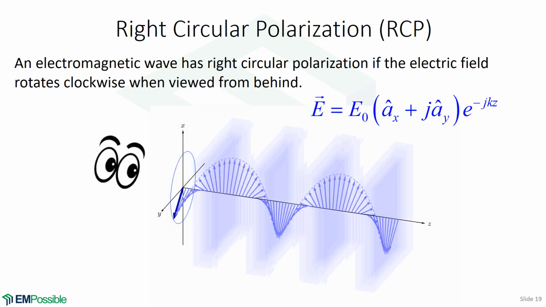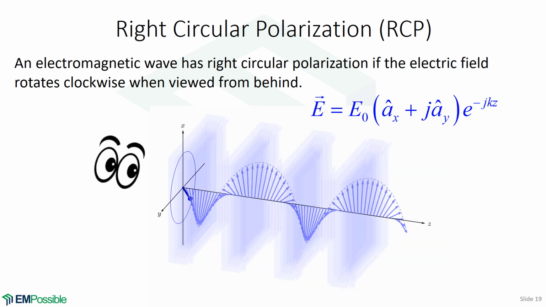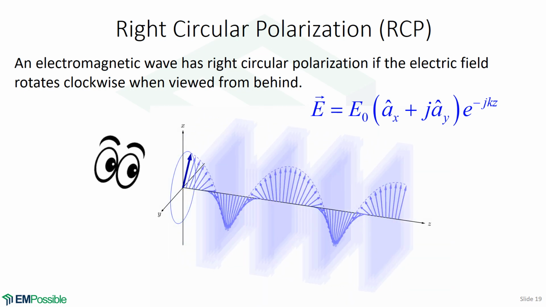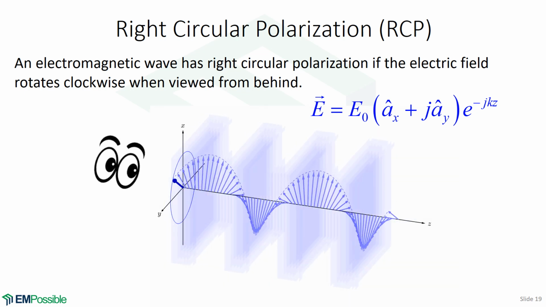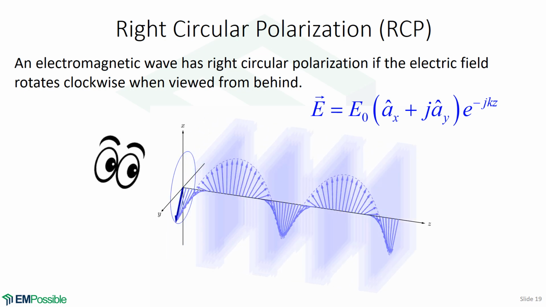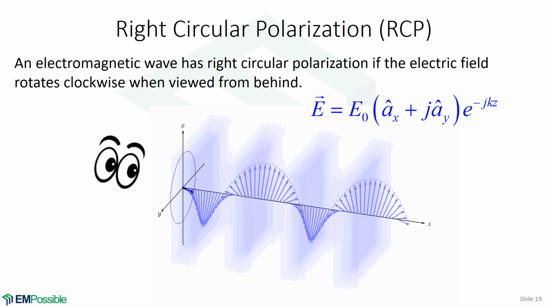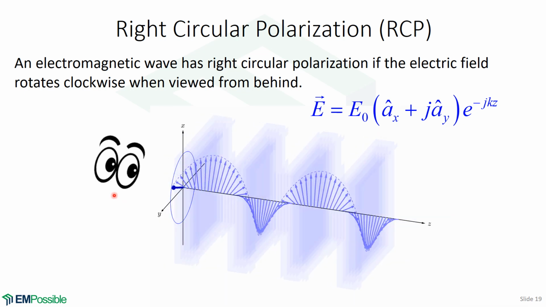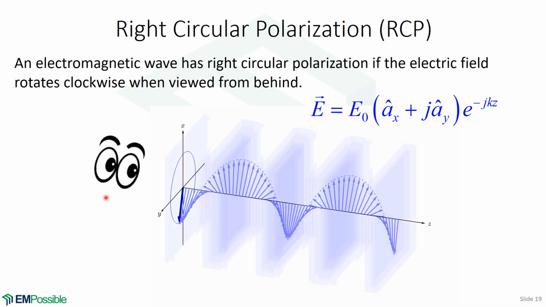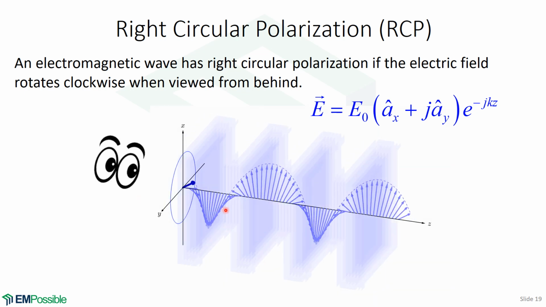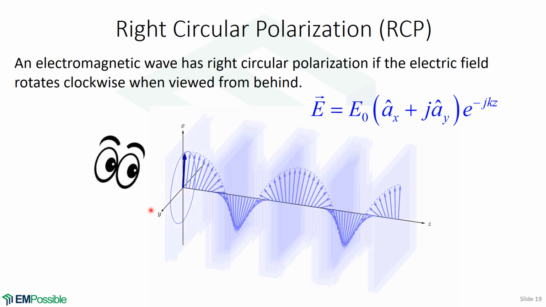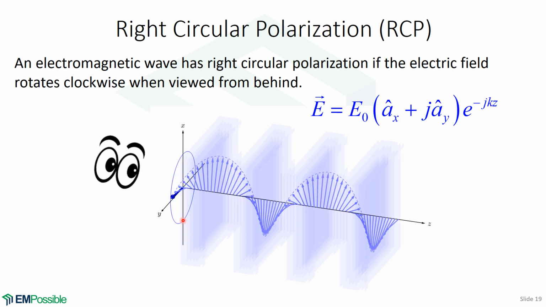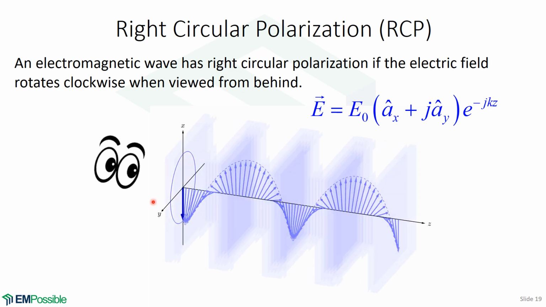This is where we get into right-hand circular and left-hand circular. So if we have a plus in that equation, this is what we call right circular polarization. And a way to think about this, imagine we are observing this wave from behind it. So the wave is moving away from us in the z direction, and we're observing which way the electric field is rotating.